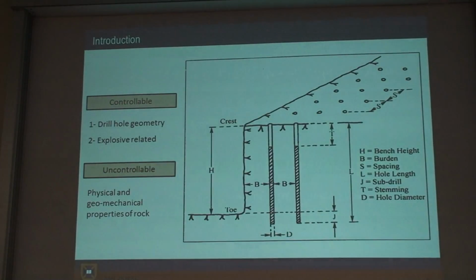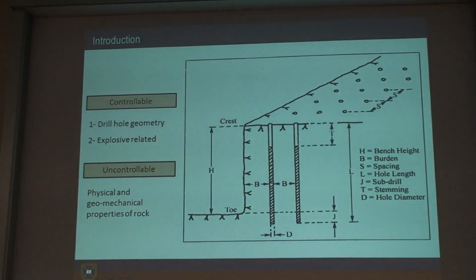Well, in designing a blast, we are faced with two sets of parameters. The first group are drill hole geometry, like, as you can see in this picture, bench height, burden, spacing, sub-drill, stemming, and all geometrical parameters. And then we have explosive related parameters.